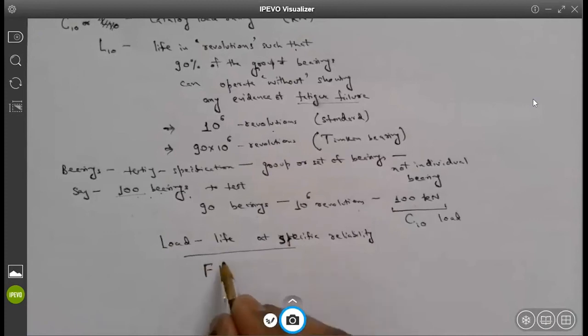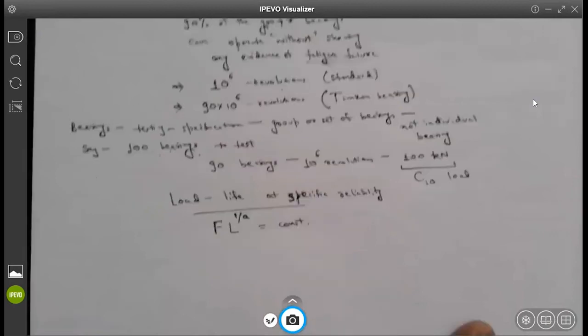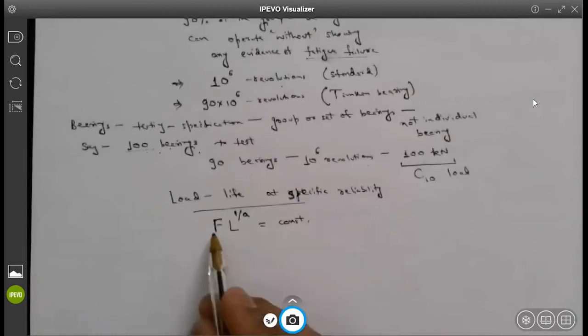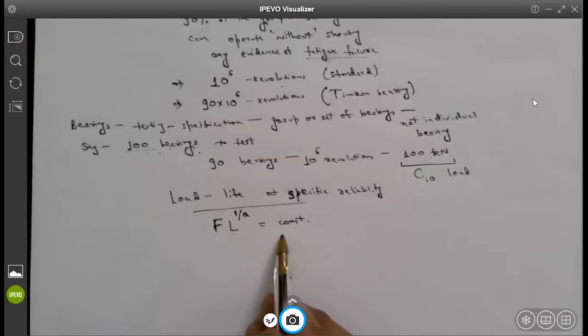It equals a constant. So this relationship says that if I would like to find a specific life for a given load, then this is the relationship I can use for a given reliability.